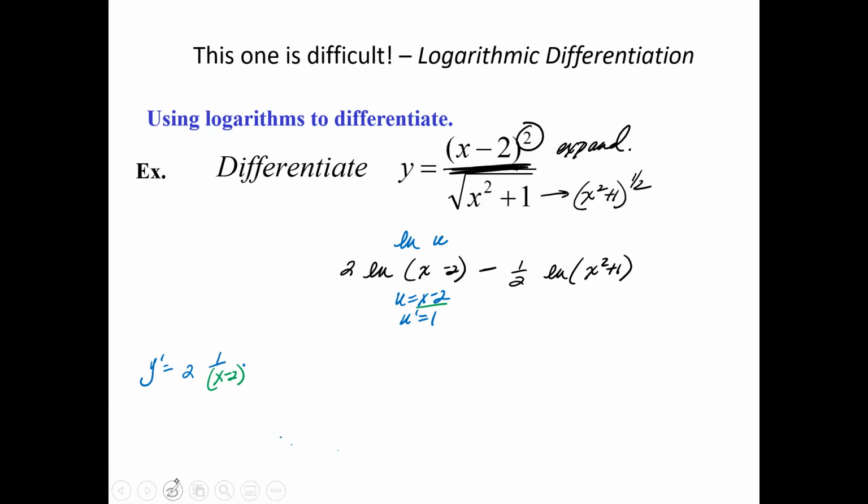Now let's take a look at the second u substitution here. So if you let u be x squared plus 1, u prime is going to be 2x, and remember this is going to be ln u. So then the derivative of ln u, remember, is just 1 over u times u prime.